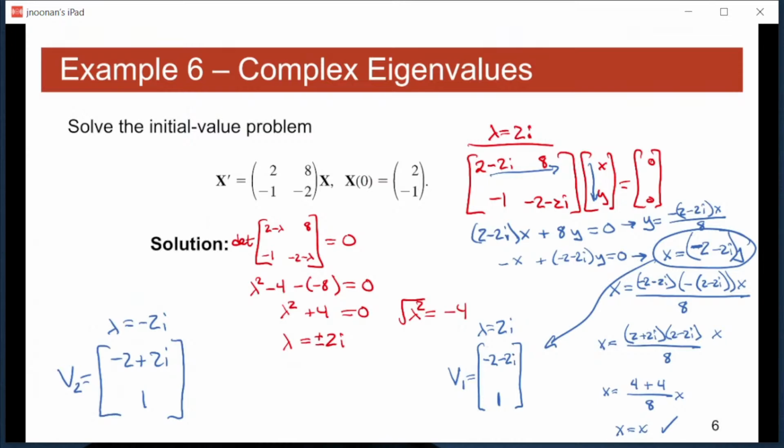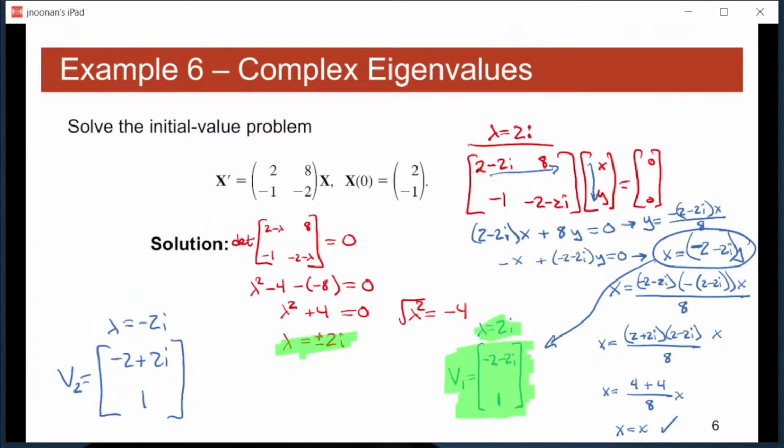Now, before we get all bent out of shape, thinking that we're going to mess with the eigenvalue, eigenvectors, and Euler's formula, let's just cut to the chase and say that once you have one eigenvalue, if it's complex, and one eigenvector, that's all you need for this solution.